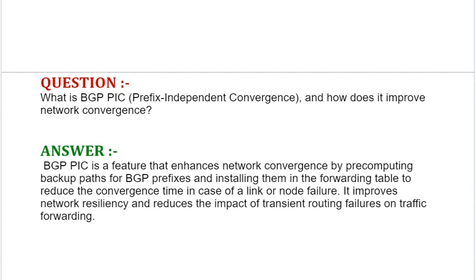Your answer should be: BGP PIC is a feature that enhances network convergence by pre-computing backup paths for BGP prefixes and installing them in the forwarding table to reduce the convergence time in case of a link or node failure. It improves network resiliency and reduces the impact of transient routing failures on traffic forwarding.